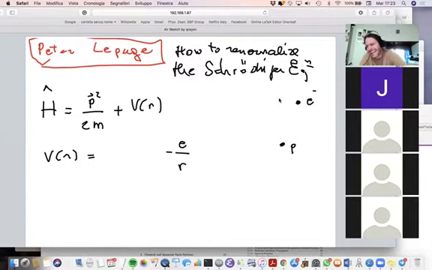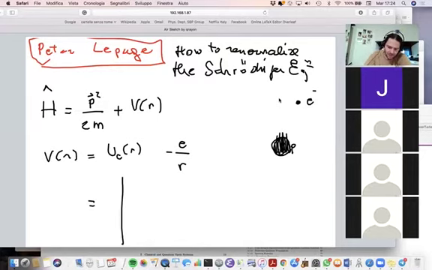But this is not exactly a hydrogen atom as we know. Maybe it's an alkaline atom, because there is, in addition to the standard Coulomb potential, a hardcore potential that describes the interaction at short distance. So in other words, what I'm trying to say is that my potential, if I were to graph it as a function of r, we know it falls off like minus 1 over r here.